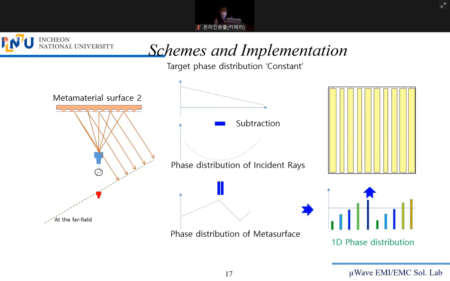There are three types of beams: broad beam, fan beam, pencil beam. To handle the pencil beam, we need two-dimensional arrays or a two-dimensional structure like this. This is one-dimensional, you can change this. But with two-dimensional, you can use the elevation plane and the azimuth plane together.